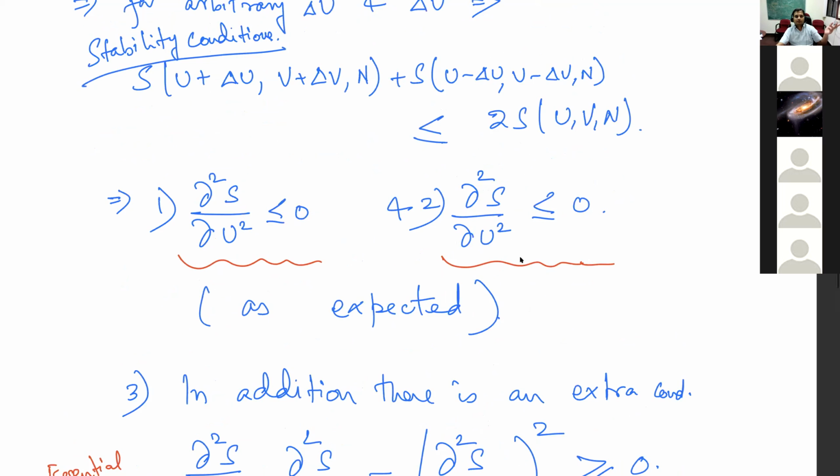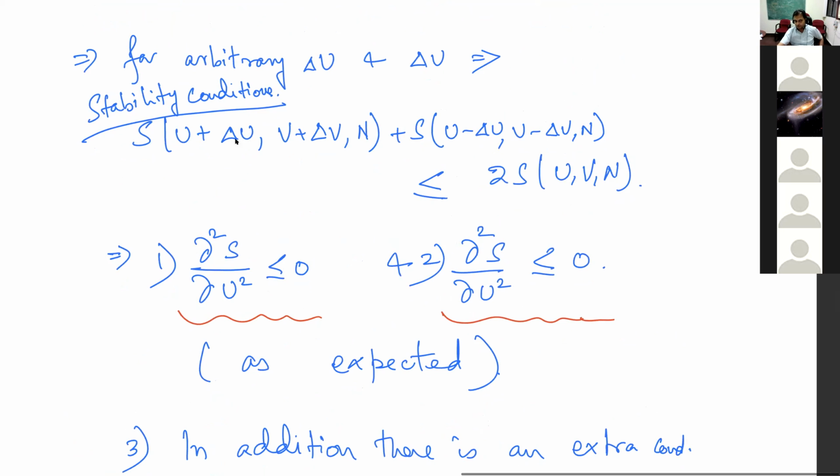So the whole point is this delta U can be large also, right? And only in the limit where delta U is small do I get this local condition. This difference equation, or the sum equation, I can convert into a derivative only when delta U goes to 0.